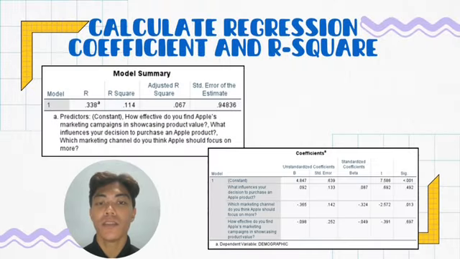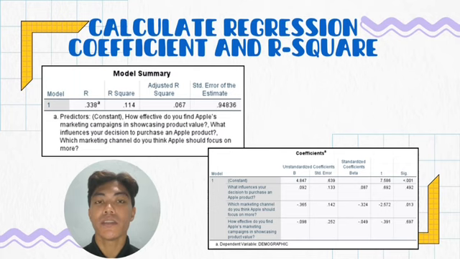The R value is 0.338, showing a slightly stronger correlation than product features. The R-square value is 0.114, meaning that 11.4% of the variance in demography is explained by the predictors.